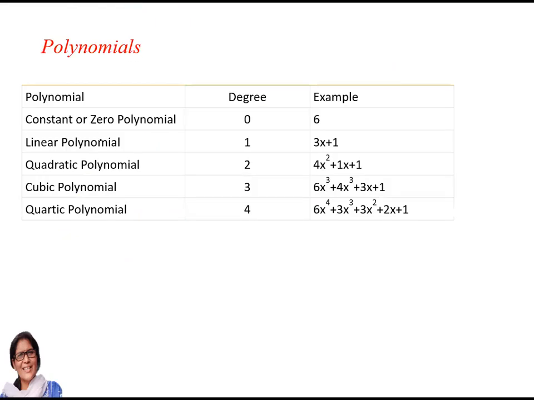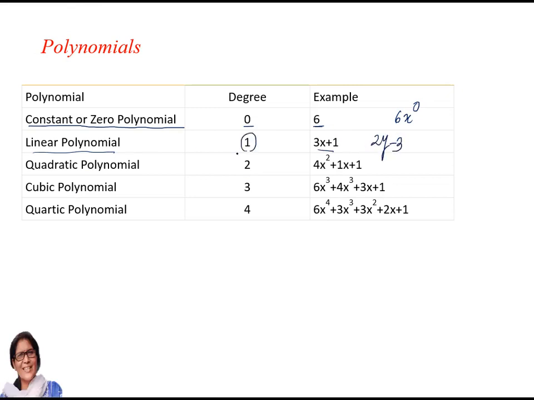Next is constant polynomial. So one is a constant or zero polynomial. Here degree is 0, that means 6 is 6x to the power 0. So degree is 0, or constant. This is called a constant polynomial. No variable is there. Linear polynomial: 3x plus 1, 2y minus 3.